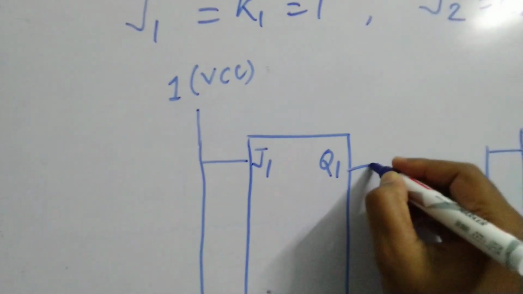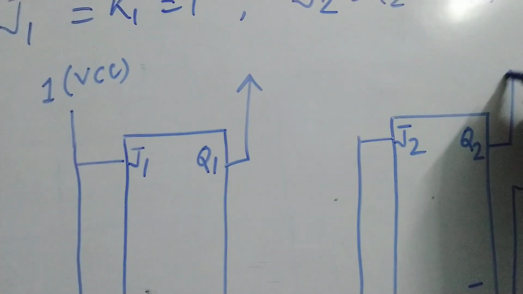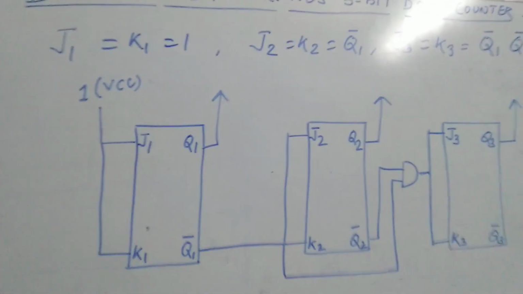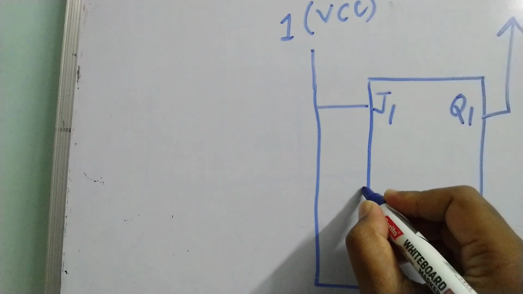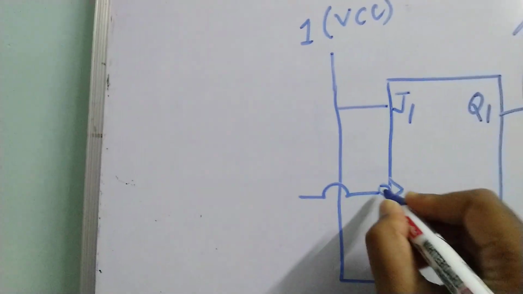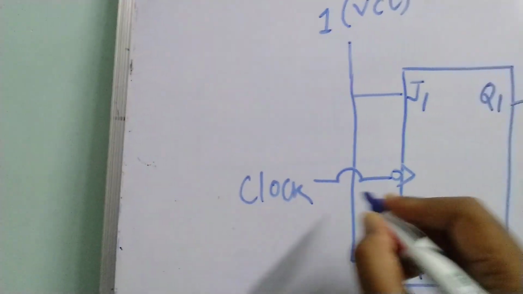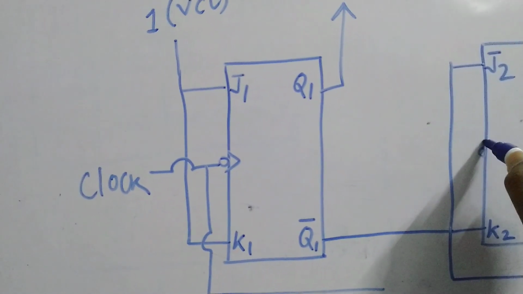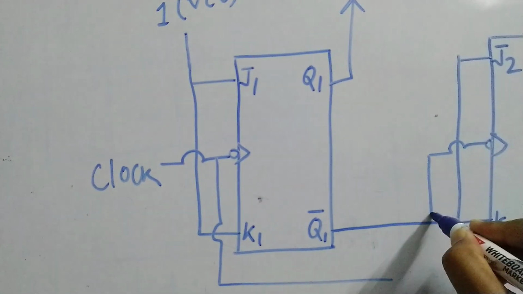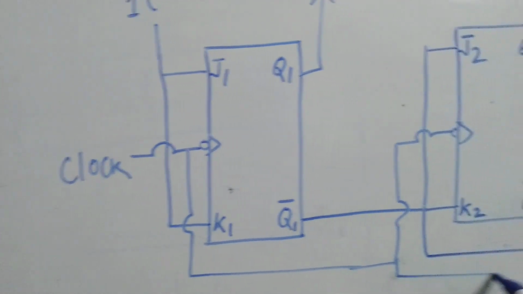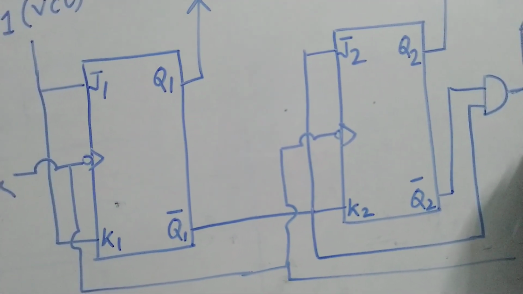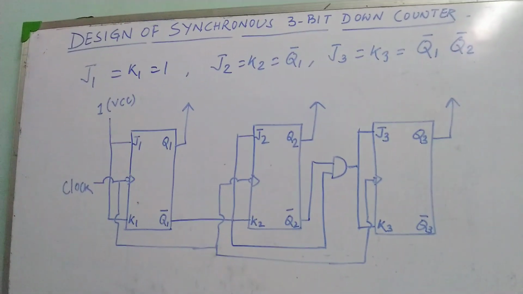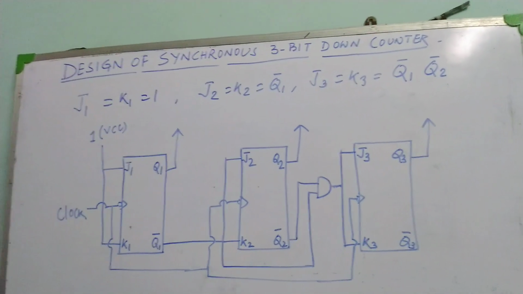We will obtain the outputs of the 3-bit counter from Q1, Q2 and Q3. As it is a synchronous counter, all the flip-flops are triggered by the clock simultaneously. So this is the final circuit of the synchronous 3-bit down counter.